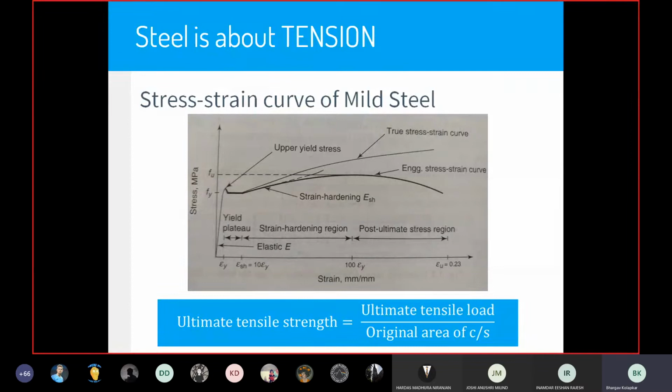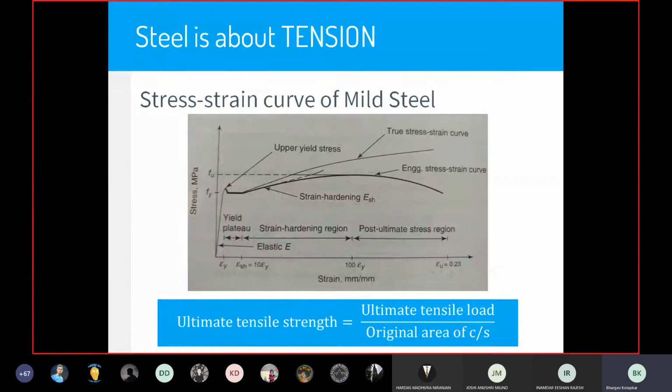The difference is that in the engineering stress strain curve, I'm sorry if I get technical into this, but please let me know if you don't understand it. I try to simplify it as much as possible. When you calculate stress, you always divide force by the initial area. Simple.